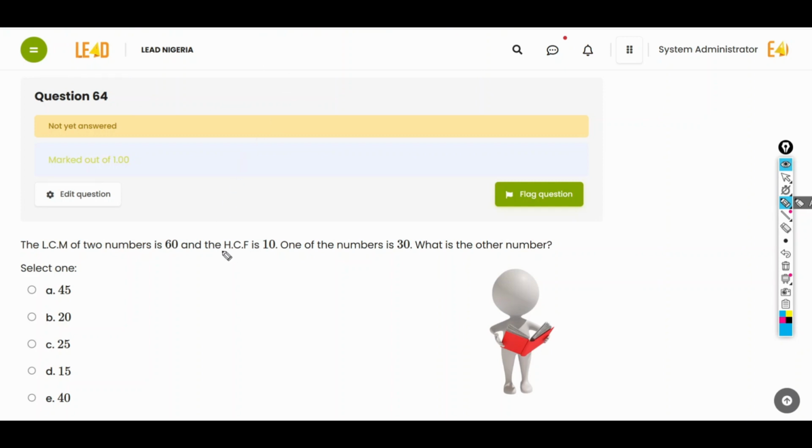Let's start with the fact that the highest common factor is 10. That means that whatever this number is, 10 can divide it, and 10 can divide 30. So 10 is a factor of both numbers.